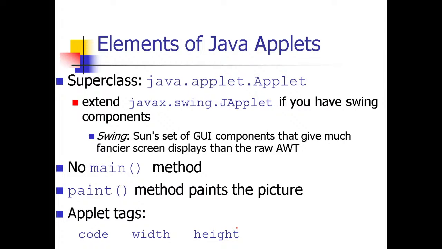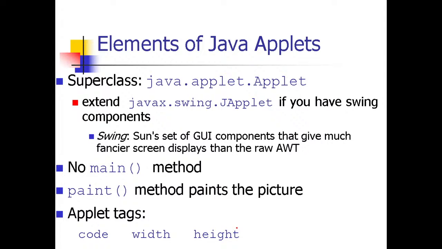So that will also be displayed onto the screen. So now the elements we had used in Java applets are: the superclass is java.applet, meaning applet is a superclass. Then javax.swing.JApplet. We can also extend our applet from JApplet, that is called a swing component. Applet comes from the AWT package, while JApplet comes from the Swing package.